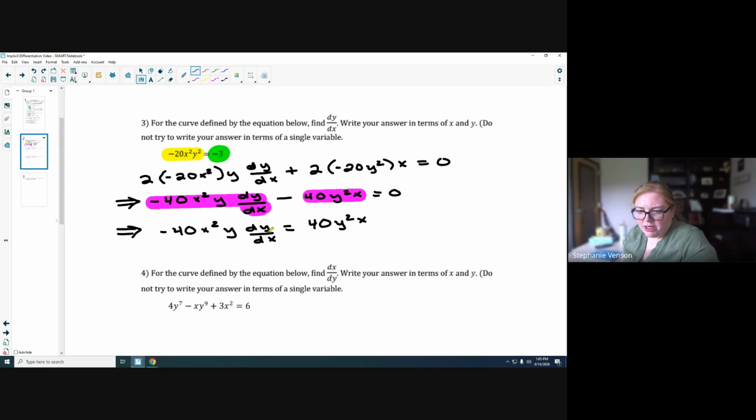Okay, and now my job, remember, is to solve for dy dx right here. So I just need to divide both sides by this stuff right here.